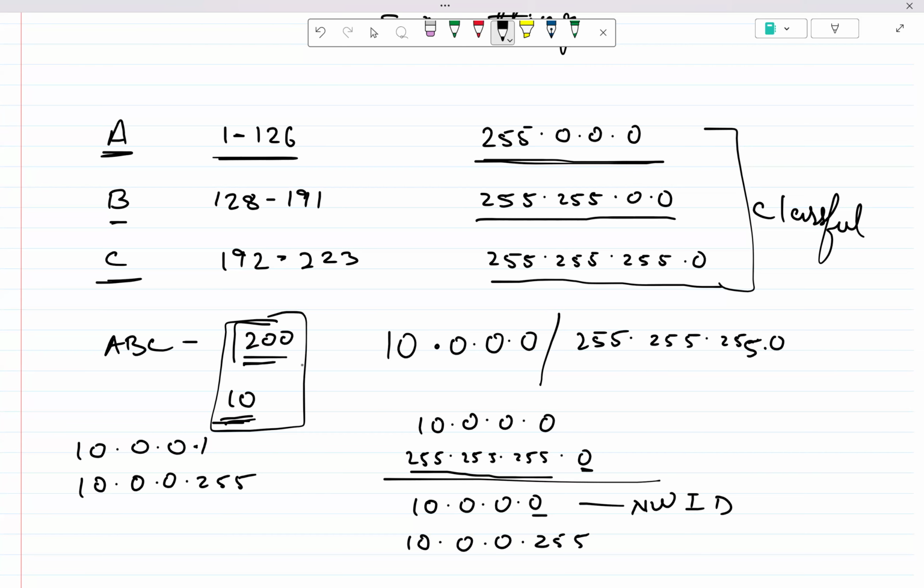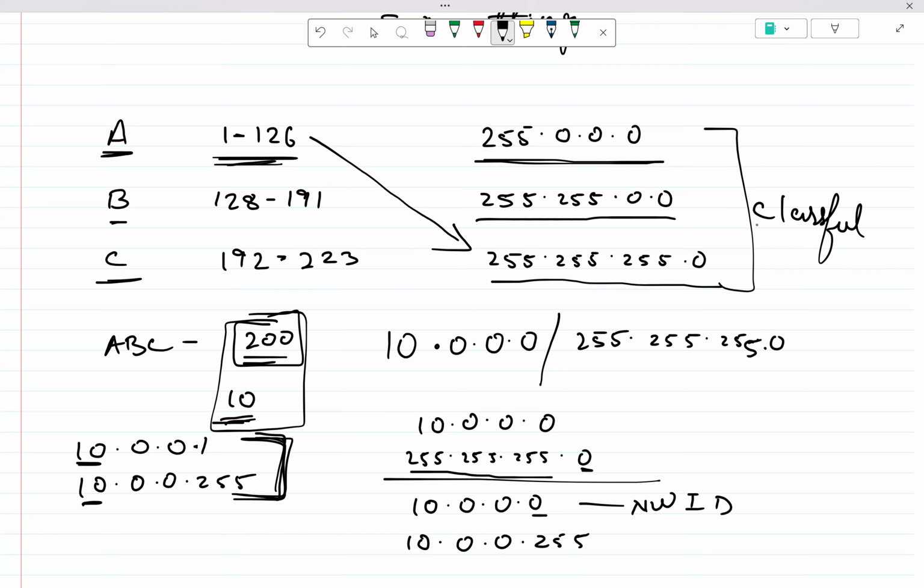Here, the company wanted 200 IP addresses and we can give them 200 IP addresses, plus the IP addresses are starting from 10. So what happened? We are using a class A IP address along with a class C address mask and saving a huge number of IP addresses. This is called subnetting.